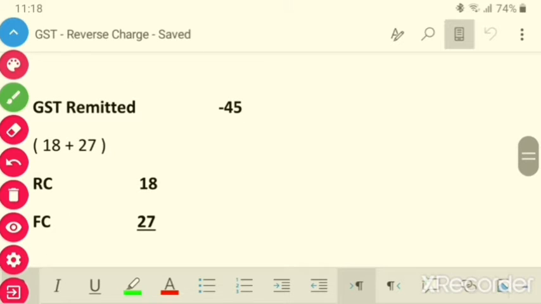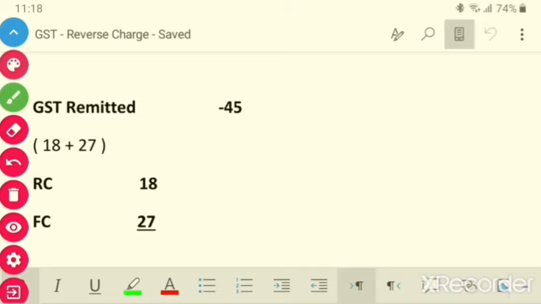So initially you would have paid 18, then he will pay the balance 27, that is 45 minus 18. Output tax, GST on output, is 45 on sale. GST on input is 18, that is reverse charge in this example, case 2. So the balance 27 he will pay.